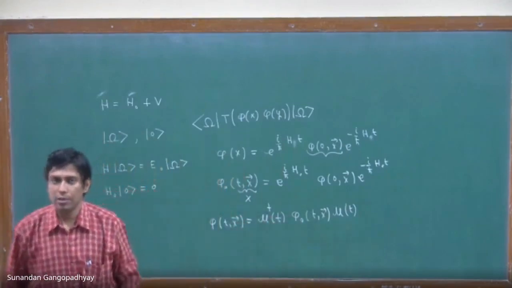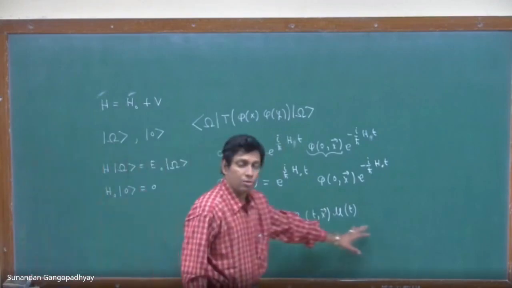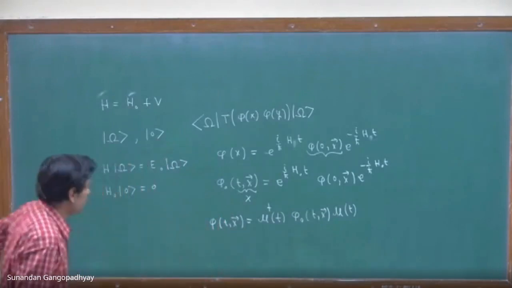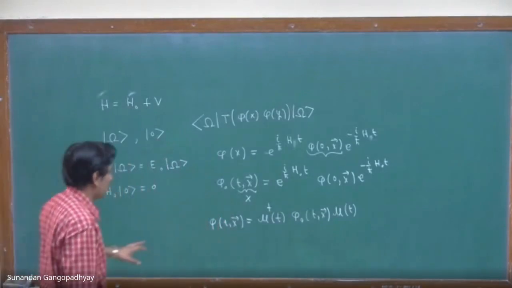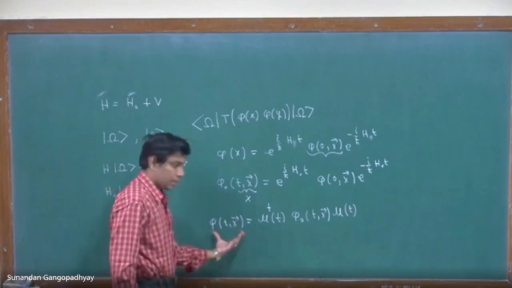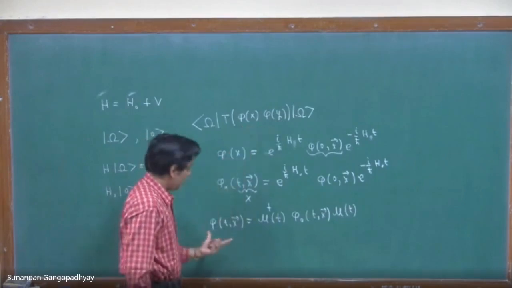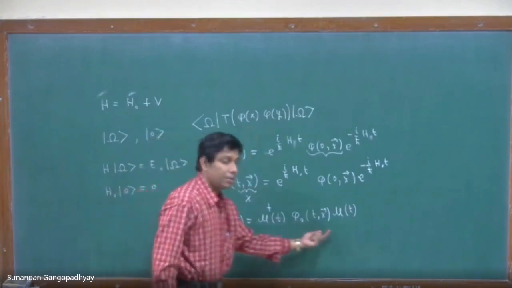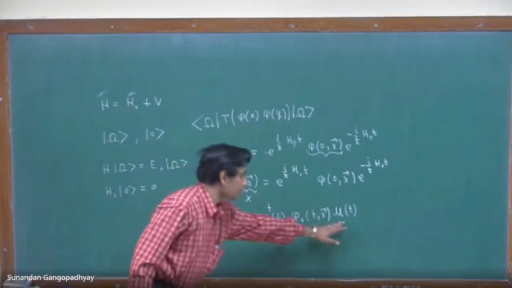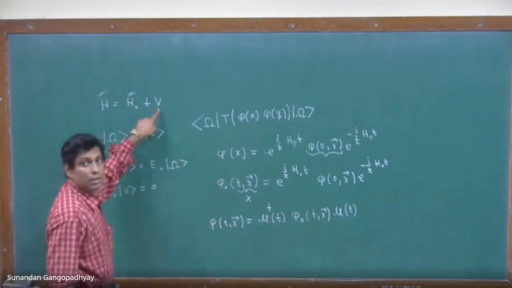It is basically e to the power of i by h bar H naught t, e to the power of minus i by h bar H t. In this way we managed to relate the field in the Heisenberg representation that we want here to the interaction picture field operator. And U, this thing we know also evolves via the interaction in the interaction picture.